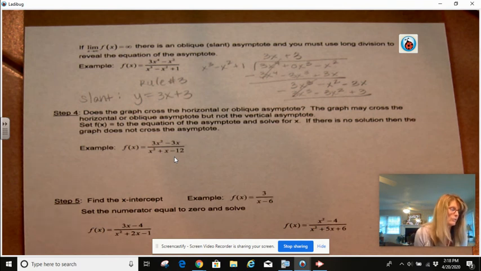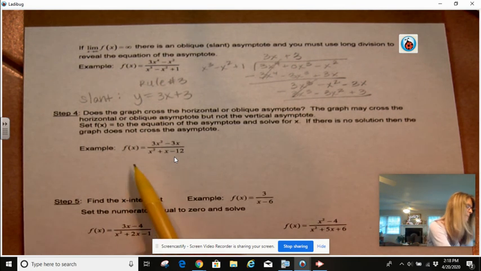But we never ever cross a vertical asymptote. So basically, we want to set our function equal to the equation of the asymptote and solve. If you don't get a solution, then your graph does not cross that horizontal or slant asymptote. If you do get a solution, that is where the crossing happens.